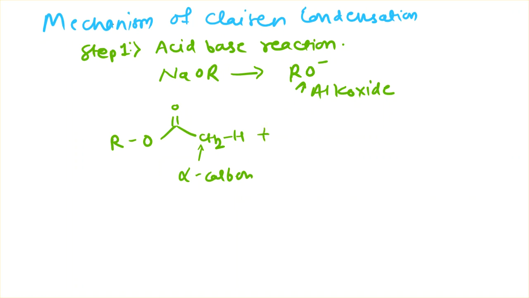This is a base, so simply an acid-base reaction will take place, and this will remove the alpha hydrogen, this bond will break, and the product formed in the first step will be R bond O bond C double bond O bond CH2 minus. The electrons of this bond migrate towards this carbon, and this hydrogen is removed by this alkoxide, and the rest will be ROH. Simple. So this is what the first step is.